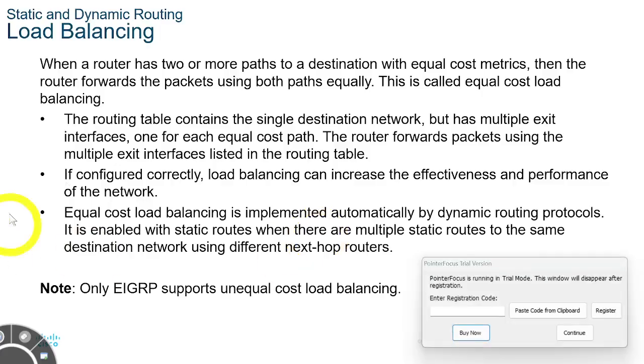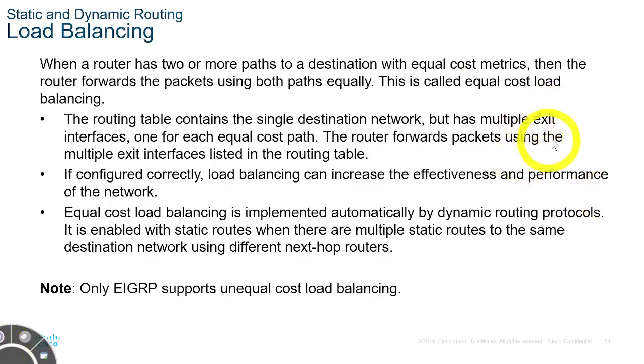So the routing table contains a single destination network but has multiple exit interfaces. Okay. So I want to transmit to one destination, and the router has multiple interfaces, one for each equal cost path. These three interfaces have 5 millisecond delay each.